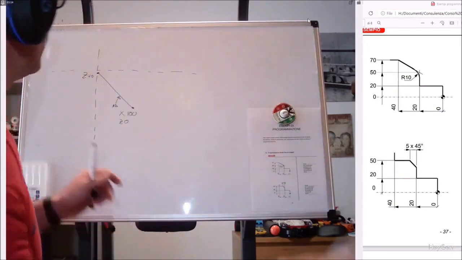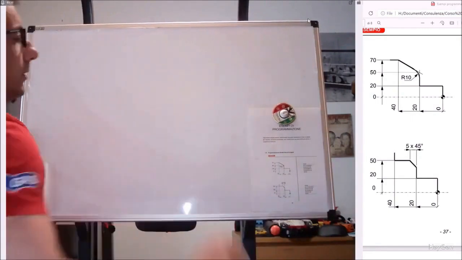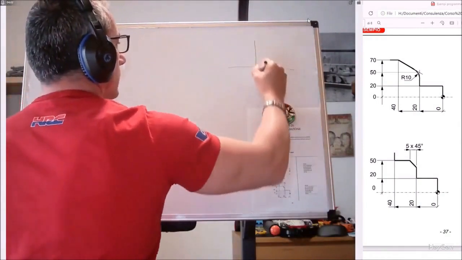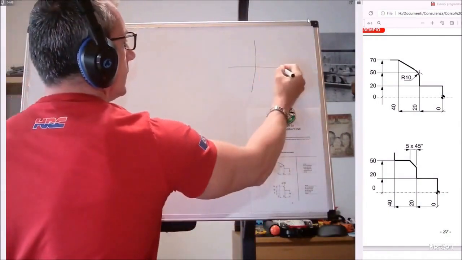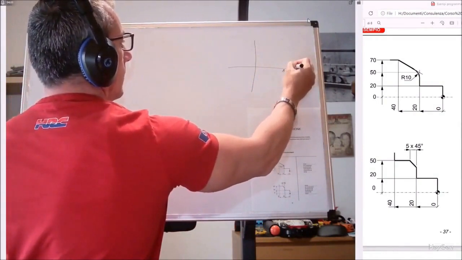How does a lathe traverse angles? A lathe reads angles this way. If this is my Cartesian coordinate system, this is angle 0, and this is the positive direction of travel.